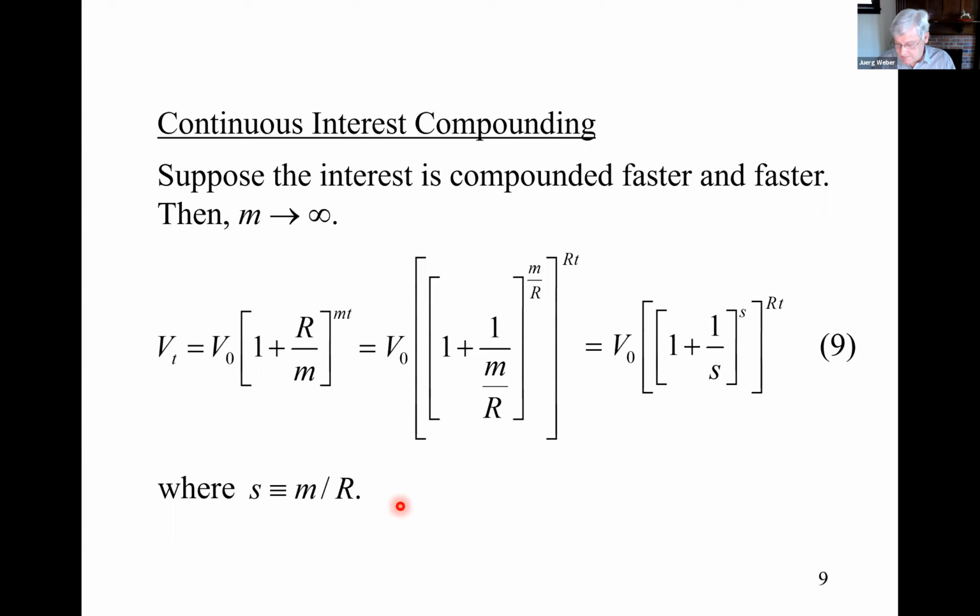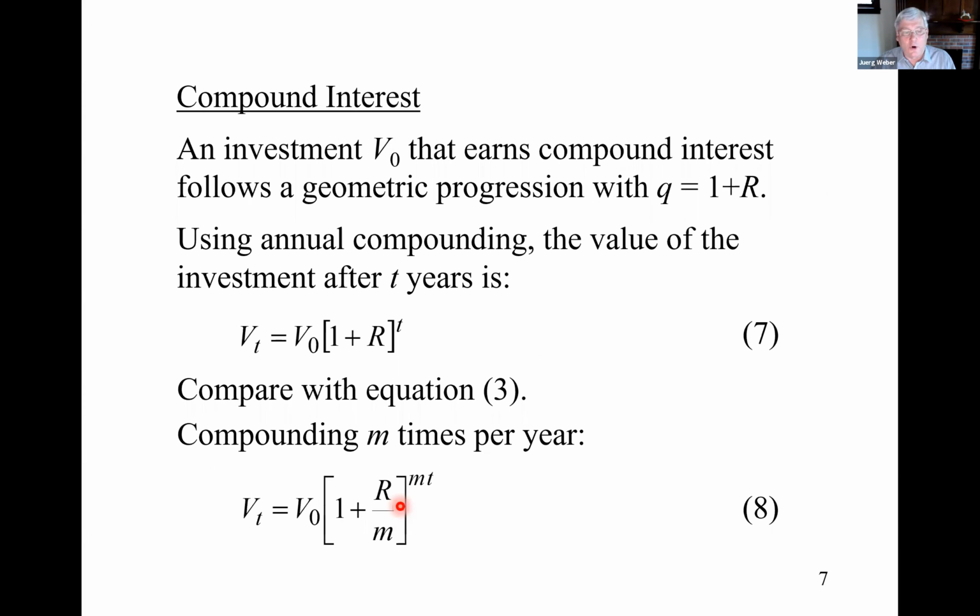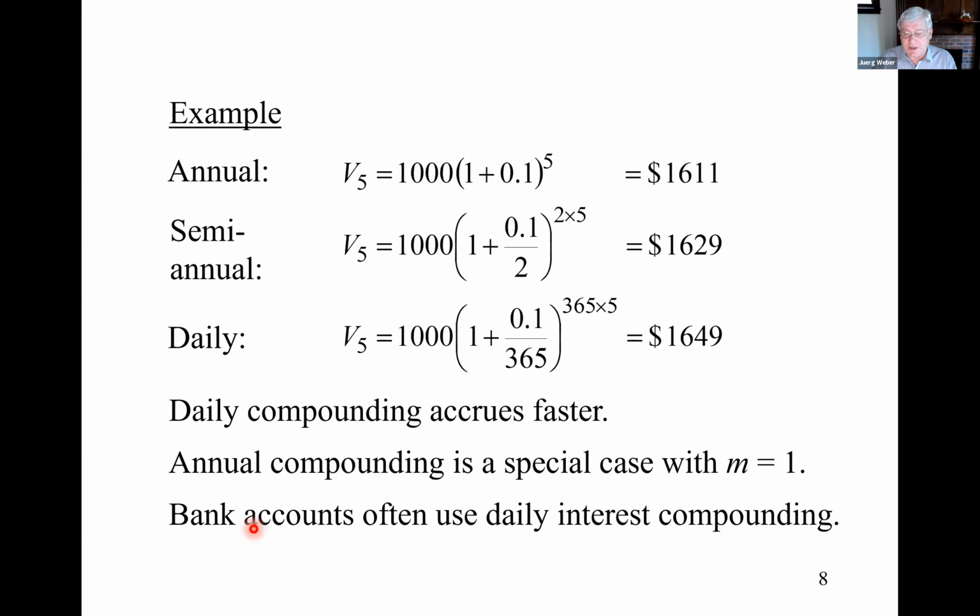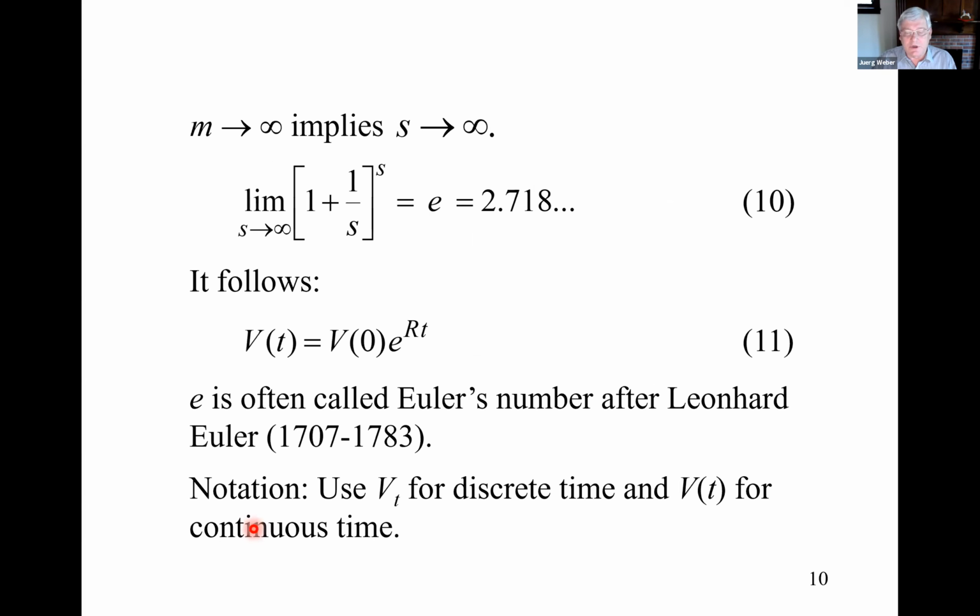So you see here, I always took subscripts because we have annual compounding. Here it's still discrete, maybe monthly compounding. So we are using subscripts. That's just notation. All textbooks do it that way. There's nothing really deep in that.